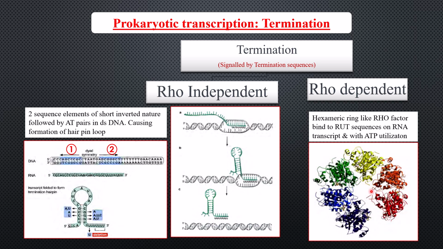From the center, which is around 12 angstrom, it leaves the zone. And once this conformation is formed, it results in the immediate release of the RNA polymerase. So this is a kind of knot produced in the RNA with the help of rho and RUT sequences, and that results in the termination of the process of transcription.